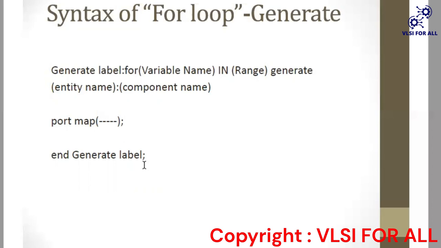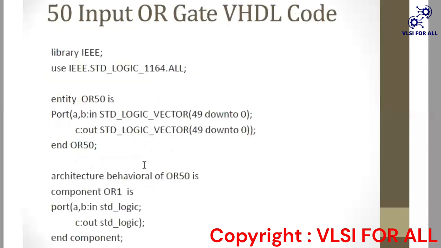So now we will see an example: 50 input OR gate VHDL code. First of all, we will include the IEEE library.